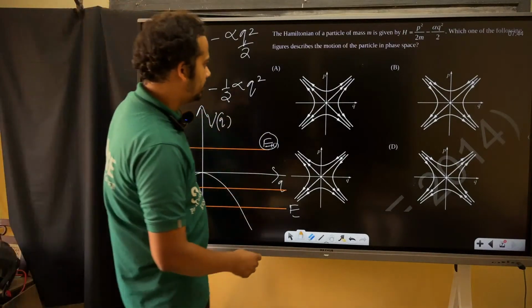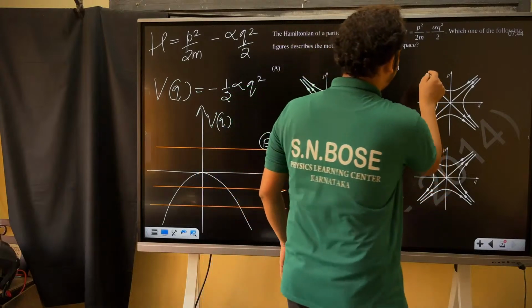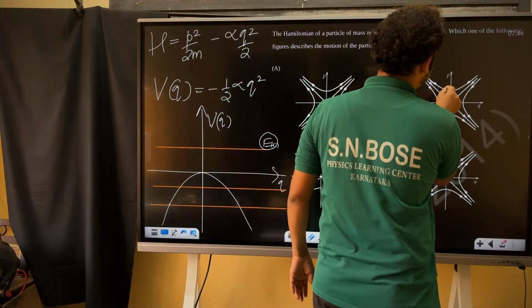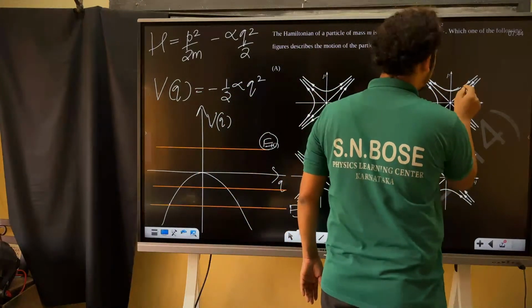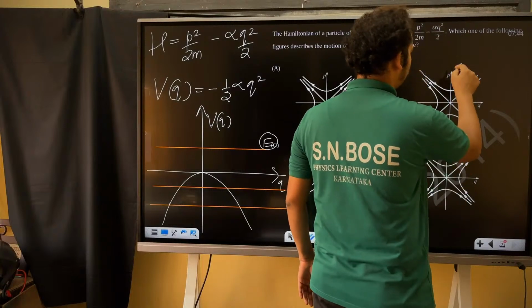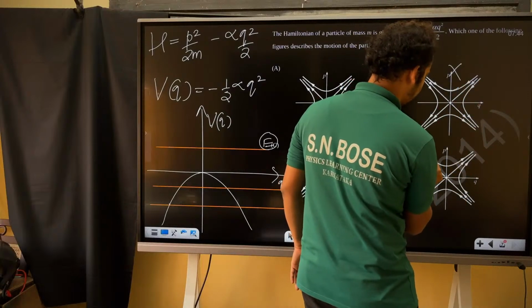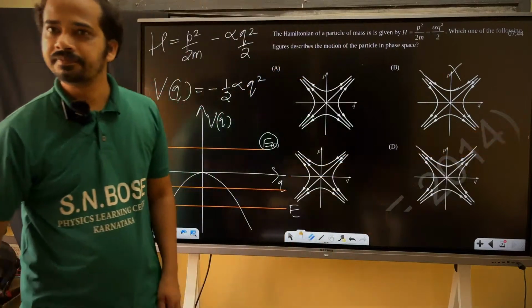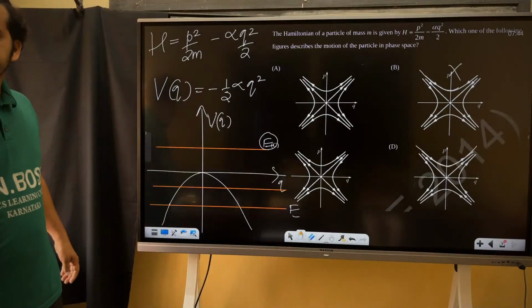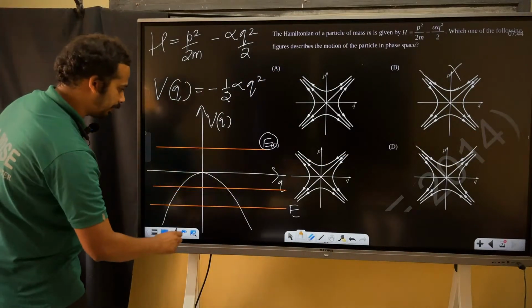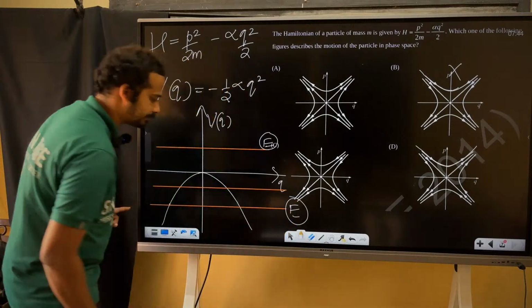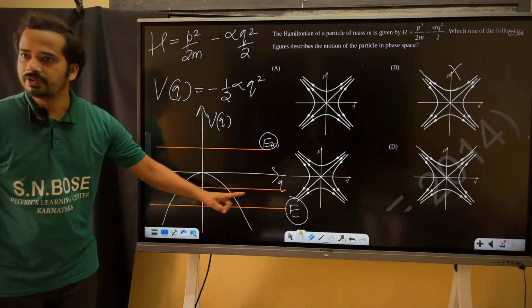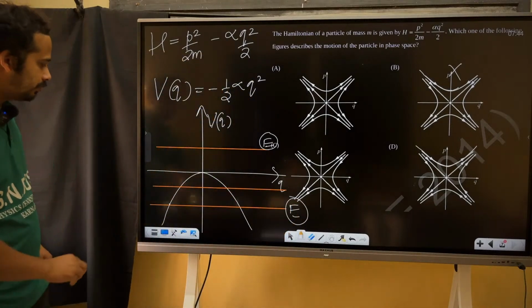Can I say like this? Momentum is positive, decreasing, minimum value, again increasing to infinity. Suppose I shoot the particle with this energy, then what would happen?